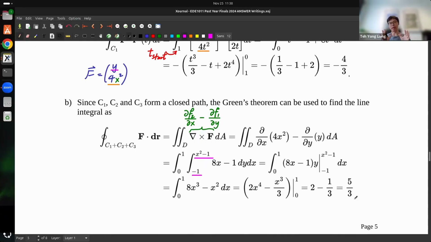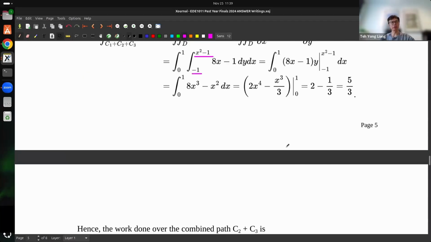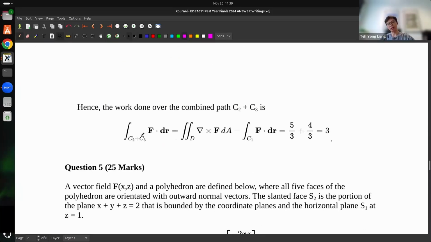Okay, but that's not the end of the answer yet, right? Because this is the line integral over C1 plus C2 plus C3. Okay, so then you have to minus off the line integral from C1, which already has been found in part A. Okay, so you just take 5 over 3 minus 4 over 3. So therefore, you are going to get a net line integral over only C2 plus C3.